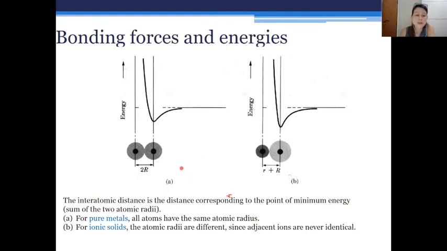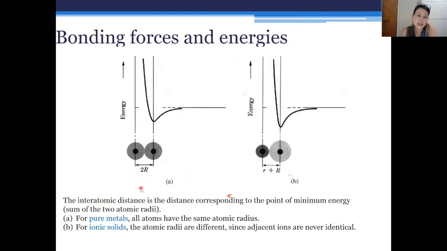So for pure metals, since all atoms have the same atomic radius, we can determine that this interatomic distance, at which the energy is minimal and also the resulting force is equal to 0, is the same thing, it means the same. So this distance is equal to 2 times the atomic radius.